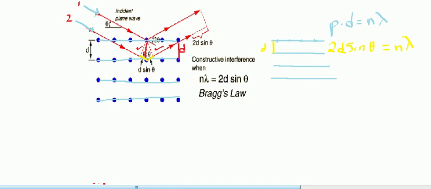At various values of theta, we actually got various values of interference intensities. And this formula was used hugely.